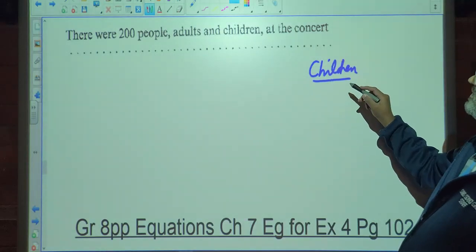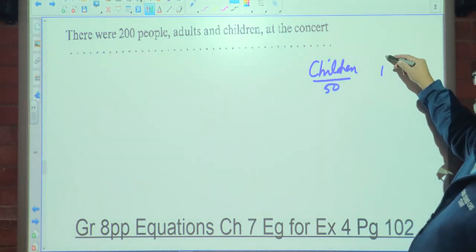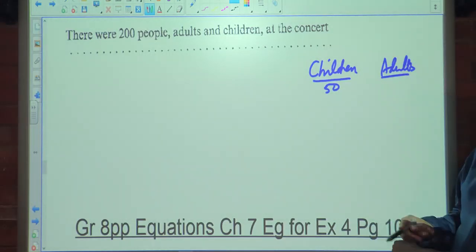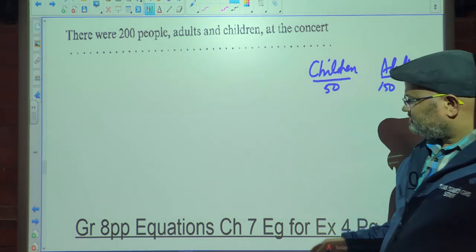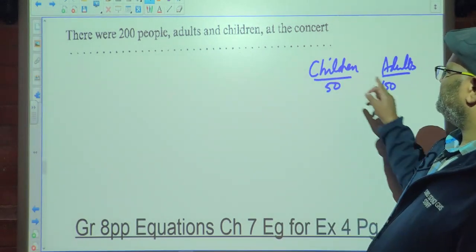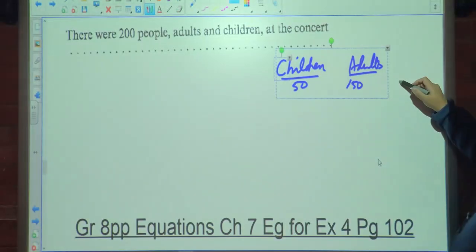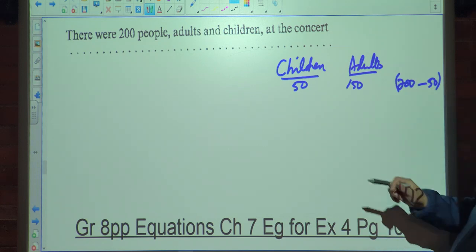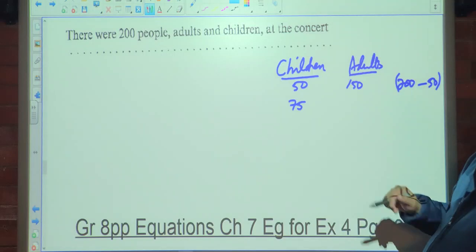If there were 50 children at the concert, how many adults was there? 150. How did you get that? We said 200 minus 50. Not so. If there were 75 children, how many adults?